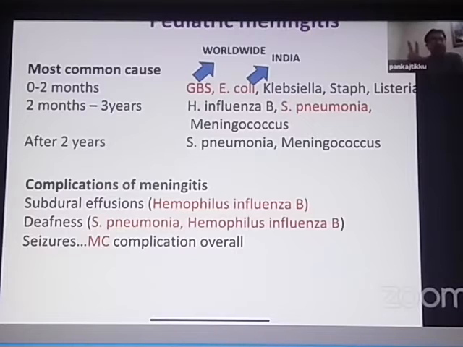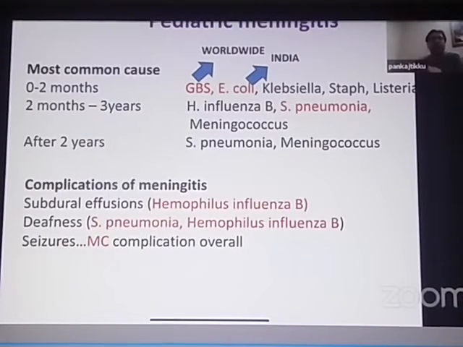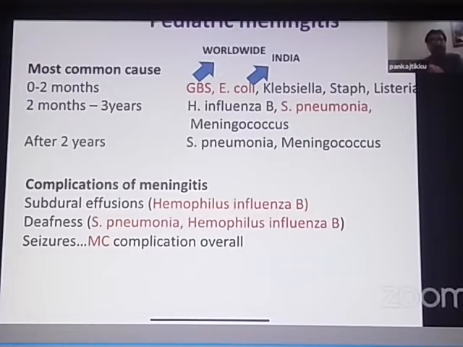Between 2 months and 3 years of age, they are Haemophilus influenzae, Streptococcus pneumoniae, and meningococcus. Streptococcus pneumoniae used to be a very important cause, but in the current edition of GHAI, they have said that from 2 months to 3 years it is Haemophilus influenzae which is the most common. You can check GHAI once.